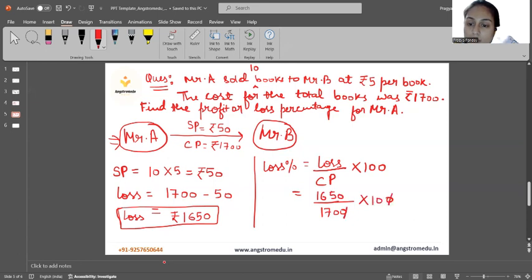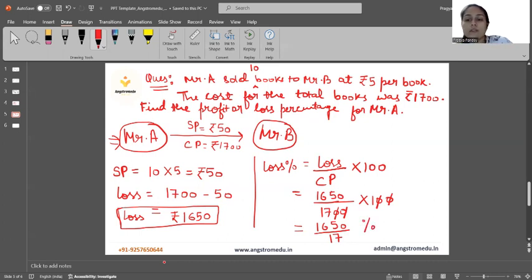Now let's reduce the numbers, and we have it like this. If we want to leave our answer in percentage, or we can do division as well, it will be 1650 divided by 17 percent.